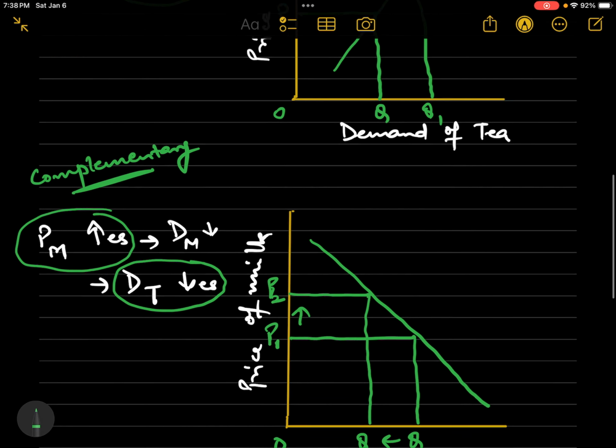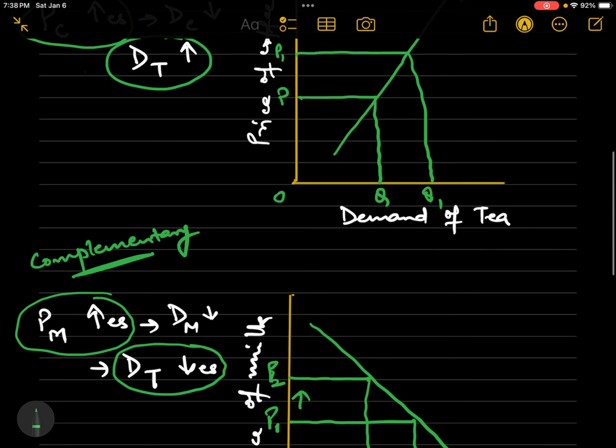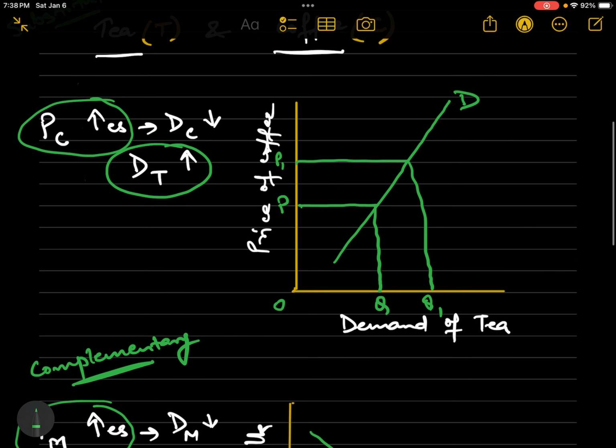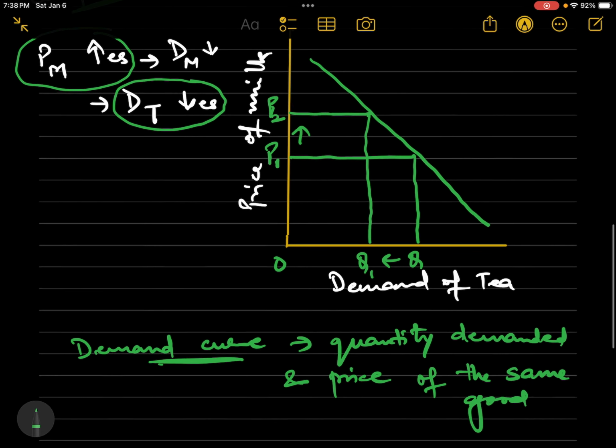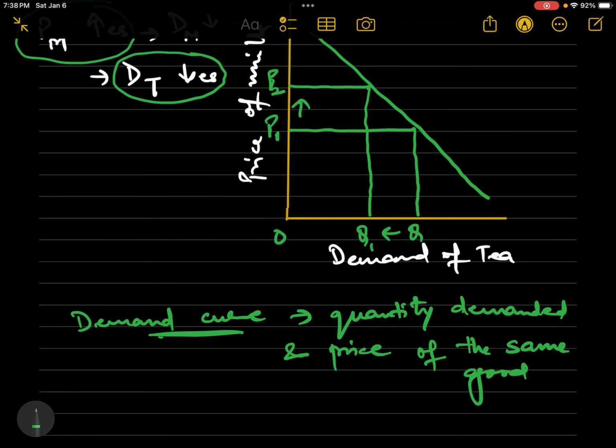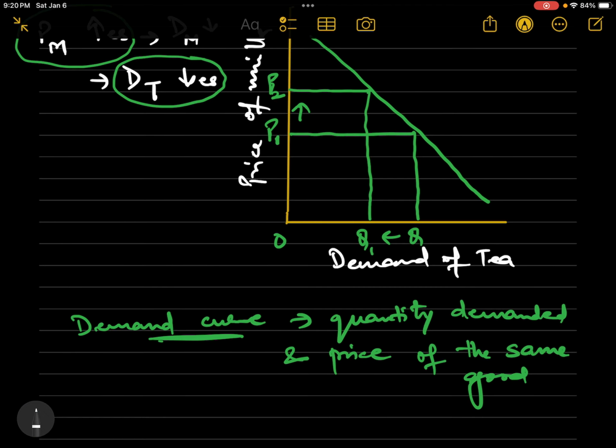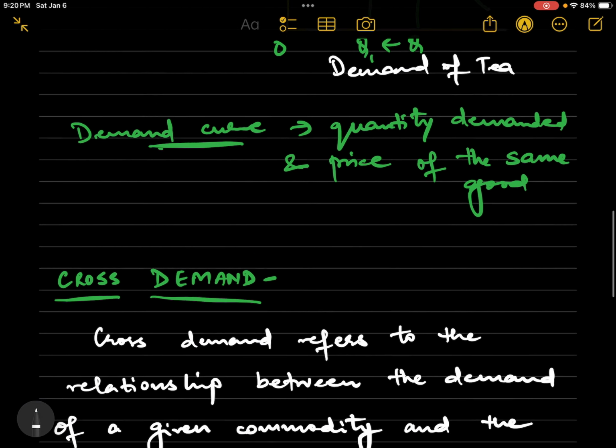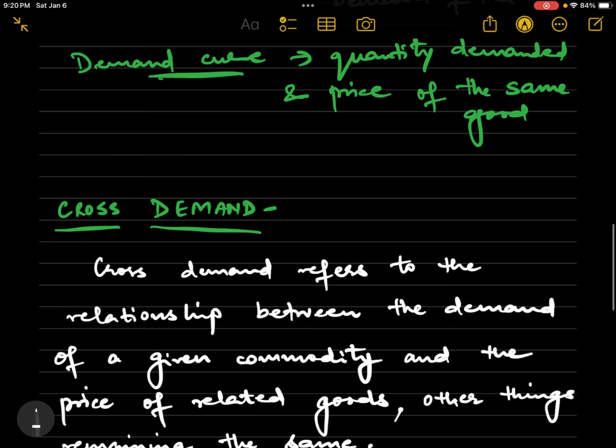So when you get these types of diagrams, you should first pay attention to what is on the OX axis and what is on the OY axis. Make a note of that for both diagrams. Is it the price of tea on the OY axis? No, it's the price of either a complementary good or a substitute good. The above two diagrams which we have just studied are also known as examples of cross demand.